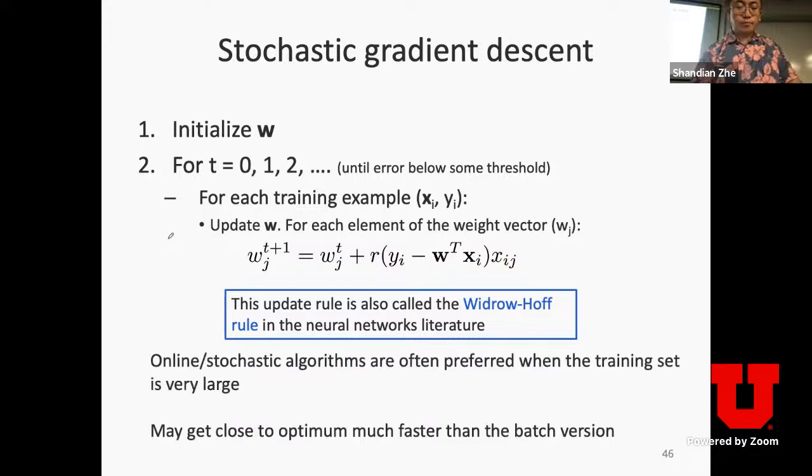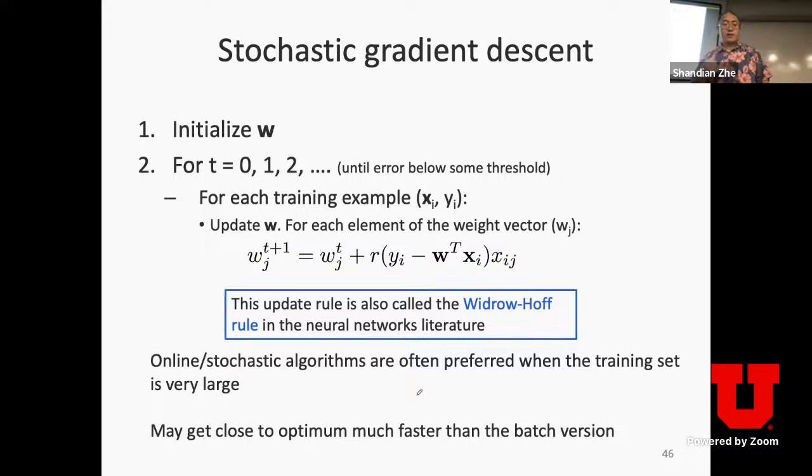So when shall we apply stochastic gradient descent? As we mentioned, it is preferred when your training set is very, very large, and it is not efficient to load the whole data set into memory and go through it one time just to calculate one gradient.